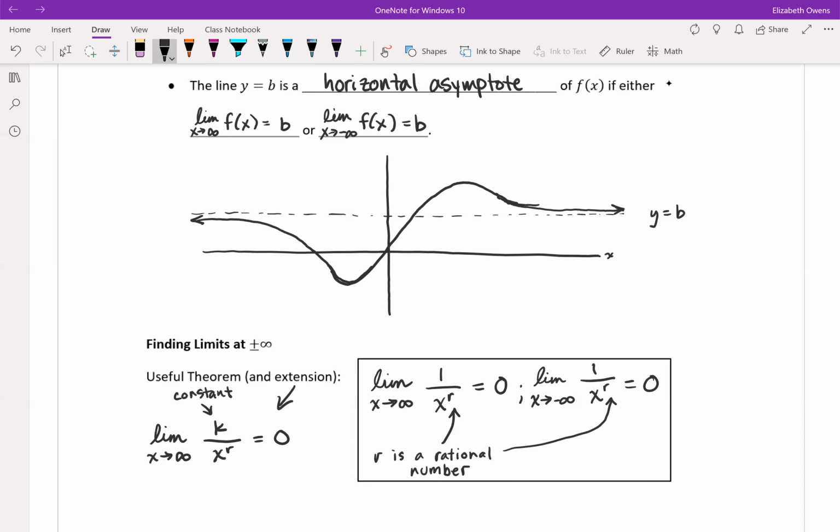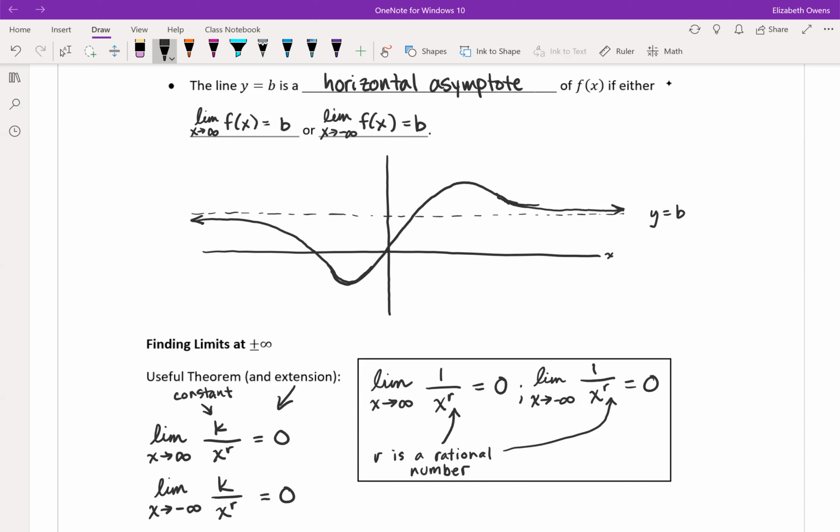This also works for x approaching negative infinity. We can write that in as well: the limit as x approaches negative infinity of k over x to the r also equals 0.